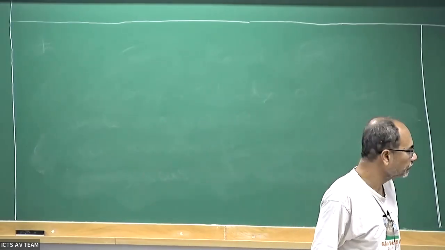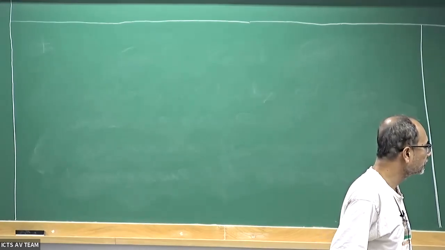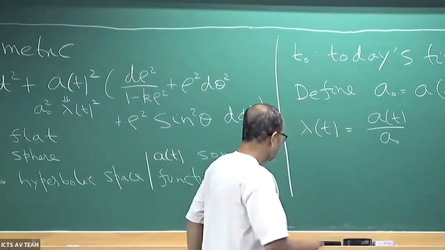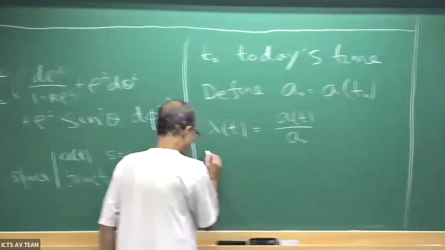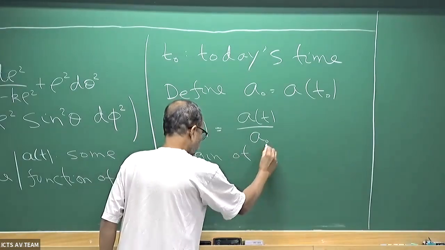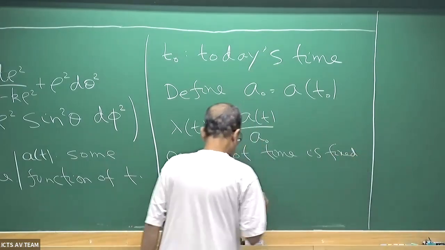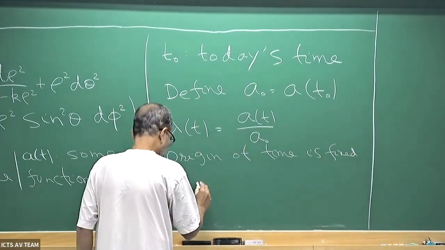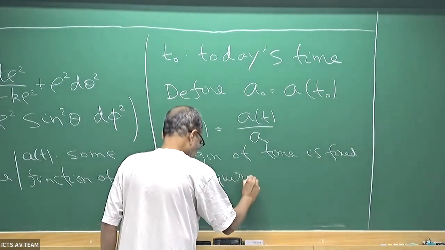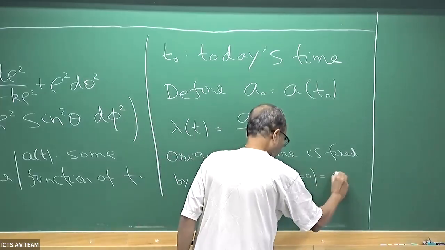Yes. How do you define this t coordinate? When you say today's time, what does that mean? Okay, I'll describe this. So the origin of time is fixed by requiring lambda of t equal to 0.